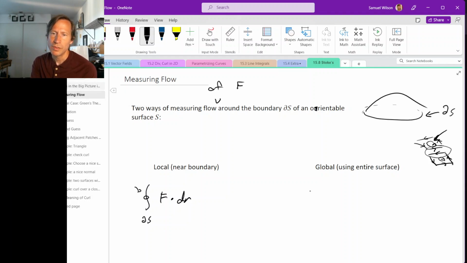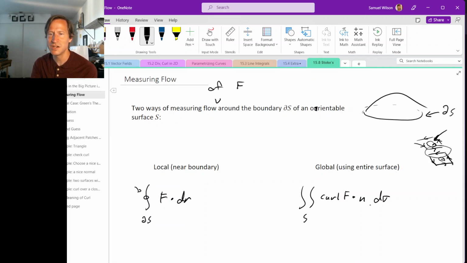So the idea here is to integrate over the surface, d sigma, something that should measure the circulation. Well, how do you measure how a vector field is rotating? You take its curl. So maybe what we should integrate is the curl of f.